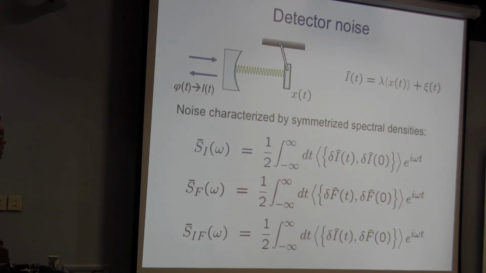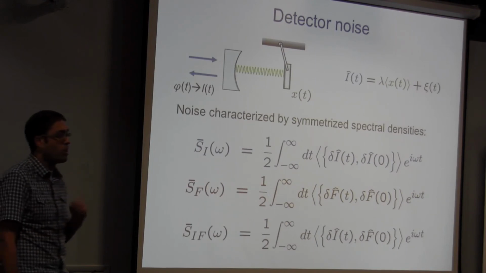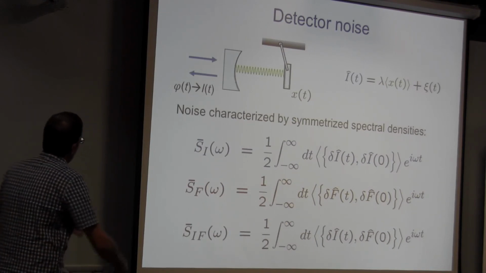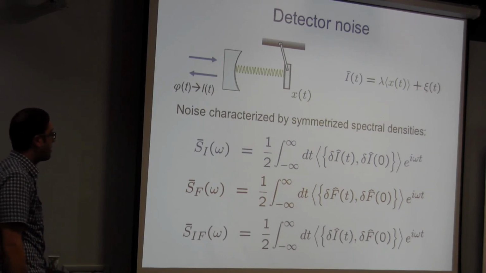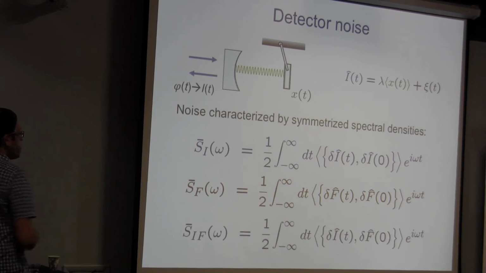Okay, so let's try to make this a bit more precise, to really rigorously derive where this quantum limit comes from. So here's our detector, our optomechanical cavity again. There are the different noises we need to worry about. S_I is the noise in the homodyne current, the spectral density of that noise.